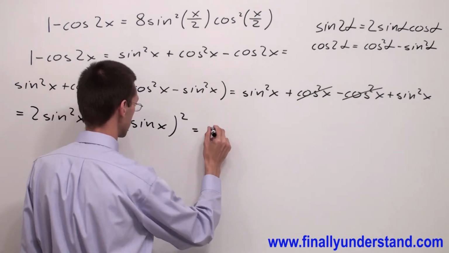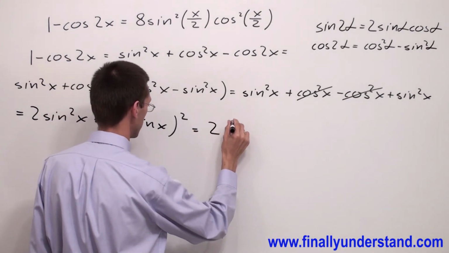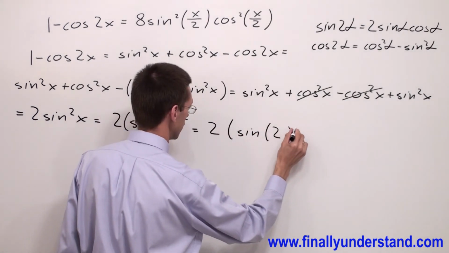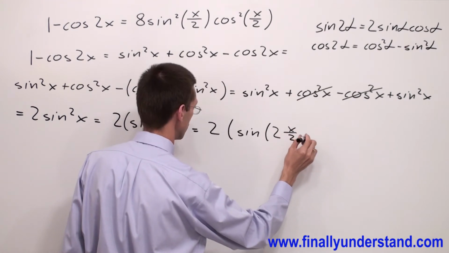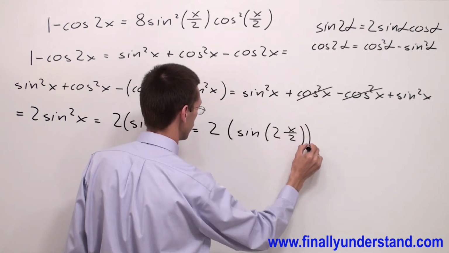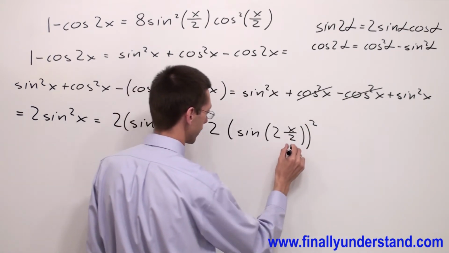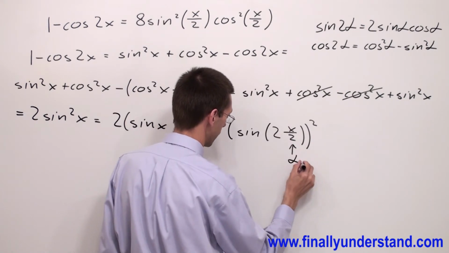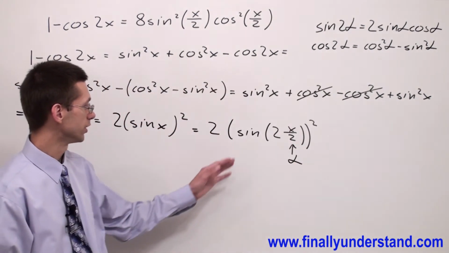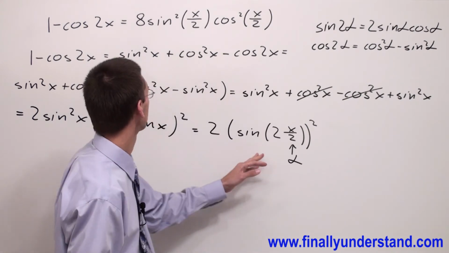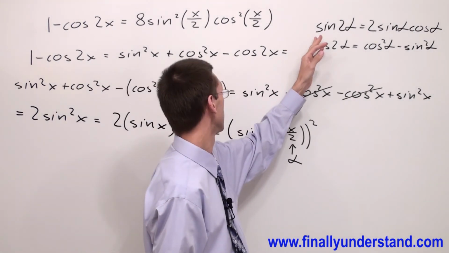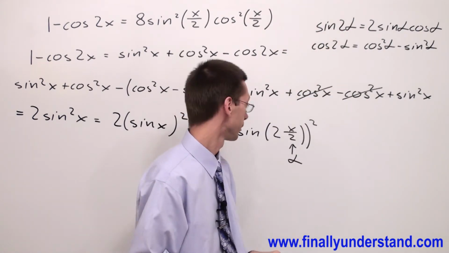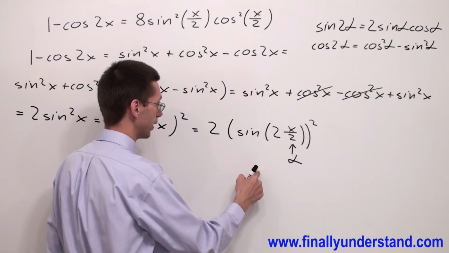We can rewrite this as 2, open parenthesis, sine 2x over 2 and everything to the second power, where I'm going to recognize x over 2 as my alpha. Okay, so this is nothing else, just the twice of an angle, sine of 2 alpha. Okay, where x over 2 is my alpha.